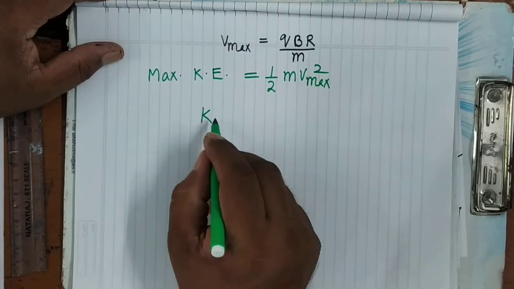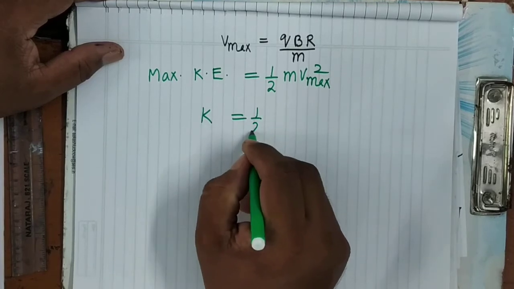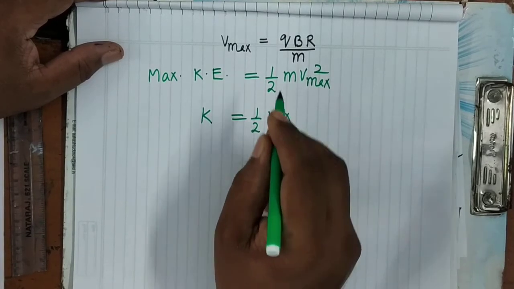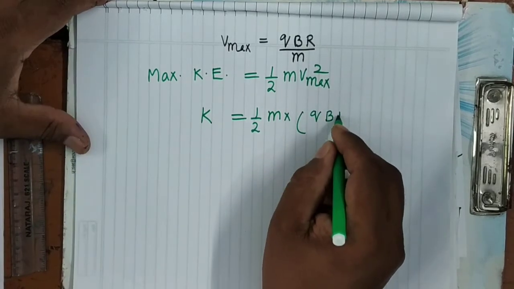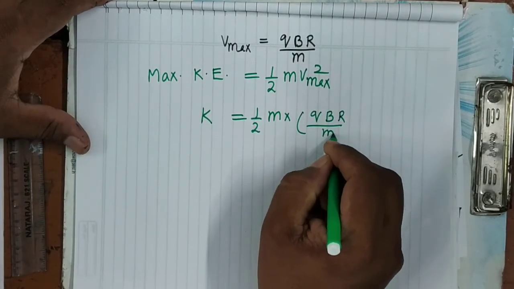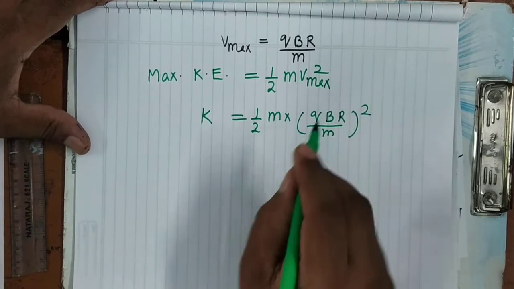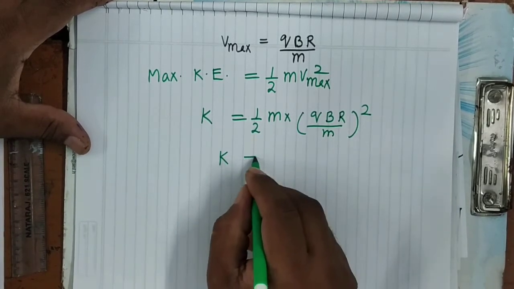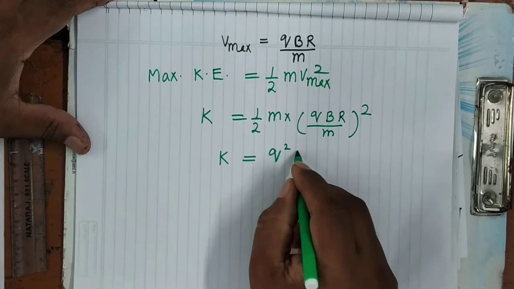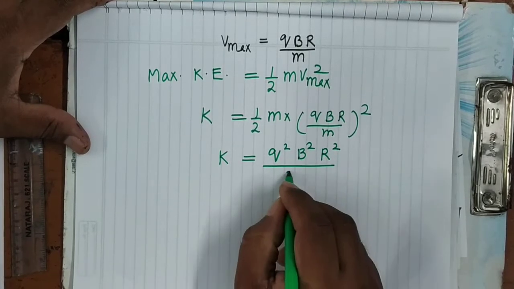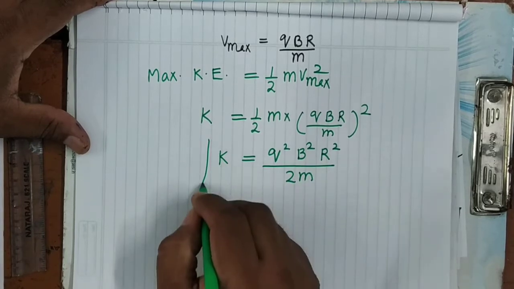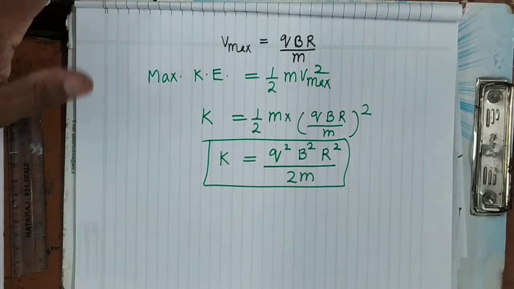So K equals 1/2 m times qBR upon m, whole square. When you simplify, it comes out q square B square R square upon 2m. This is the maximum value of the kinetic energy.